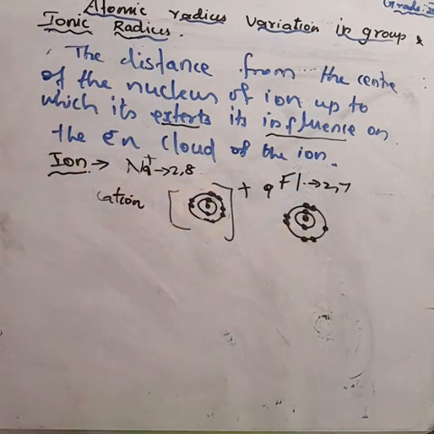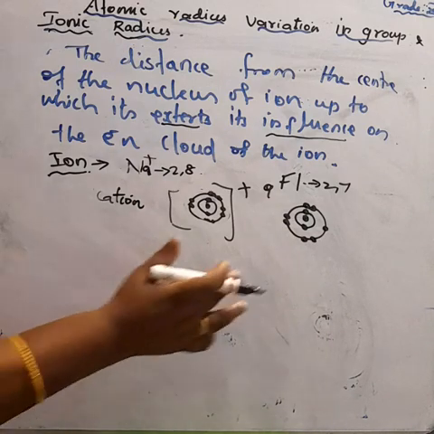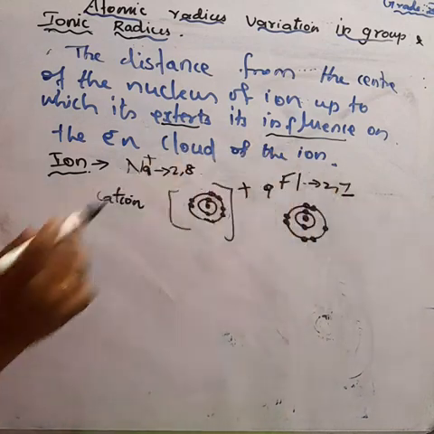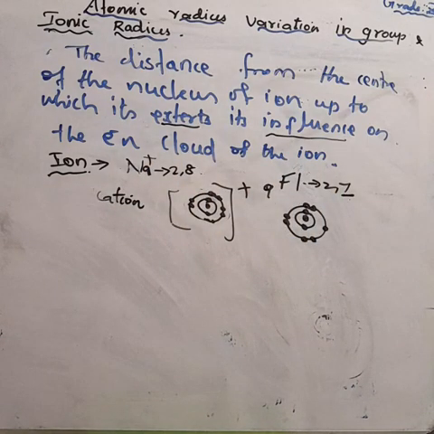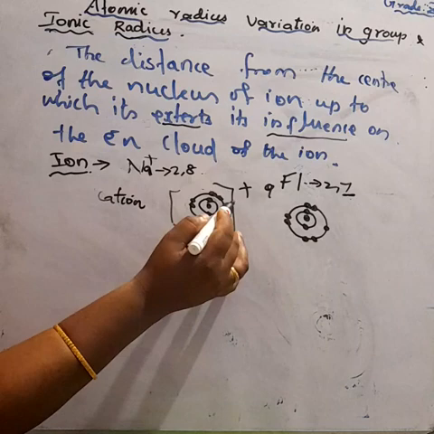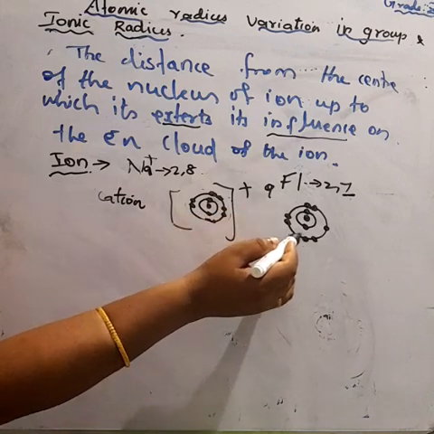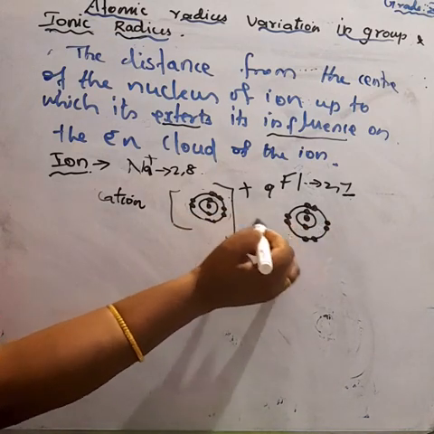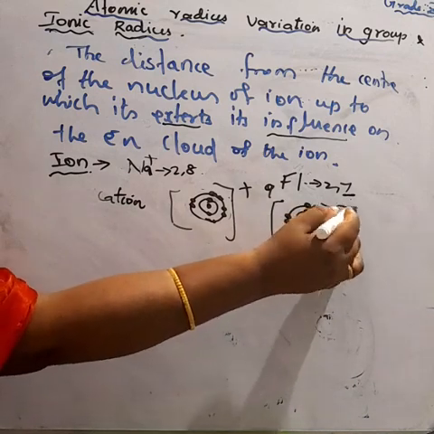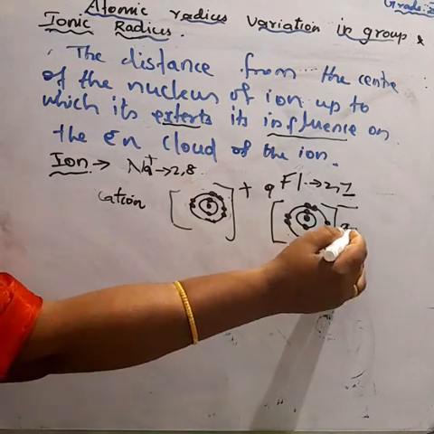It is not in the free state because it has only 7 electrons. So the fluorine atom needs 1 electron to get the stable configuration. When the sodium atom removes 1 electron from its outermost shell, the fluorine accepts this 1 electron, gaining it to form the fluoride ion.